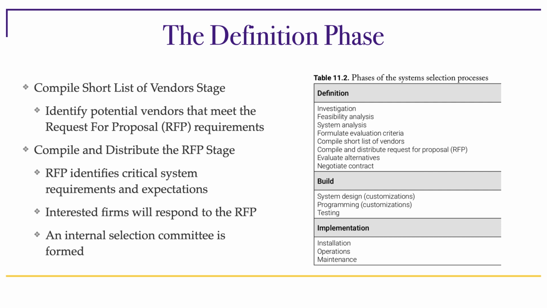So at this point, with the requirements in place and the evaluation criteria in place, you can search for literature or information about the vendors and compile a short list of vendors that you are going to send the proposal to. Here's a key thing that you have to consider. You want a request for proposal to be structured by you.